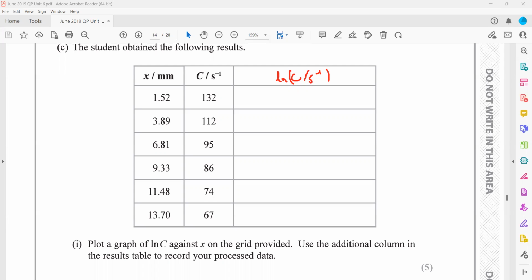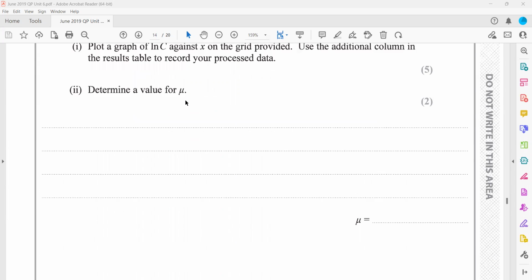And then plot a graph between Ln C and x, and determine mu.